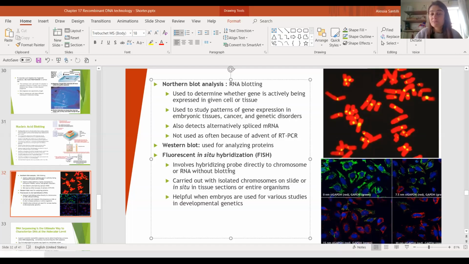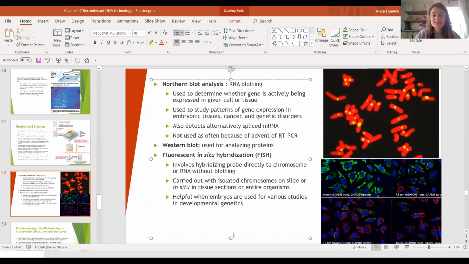So this involves hybridizing the probe directly to the chromosome or RNA without blotting, without the need of that sponge buffer thing, because you're not isolating anything, you're just putting it directly on the tissue culture.